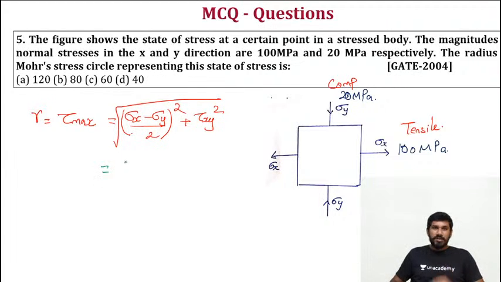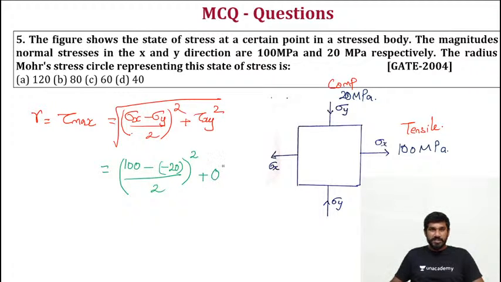If you substitute the values, x is tensile 100 megapascal, y is 20 compressive, so minus 20, divided by 2 whole square, and shear stress is not given, so shear stress is 0 square.